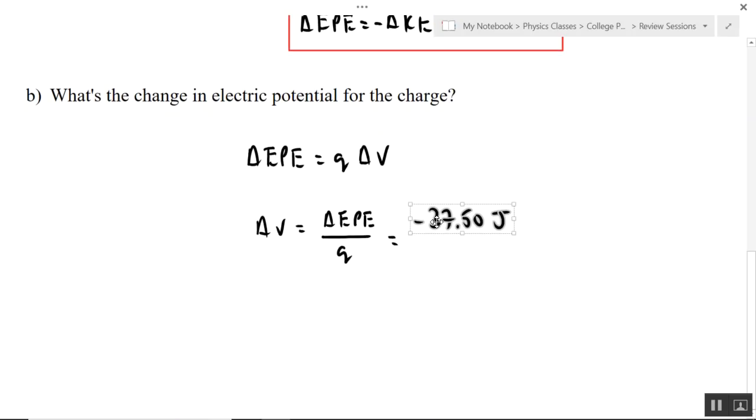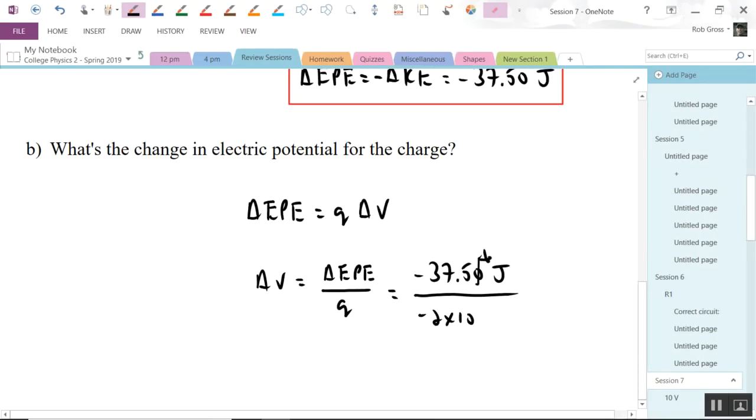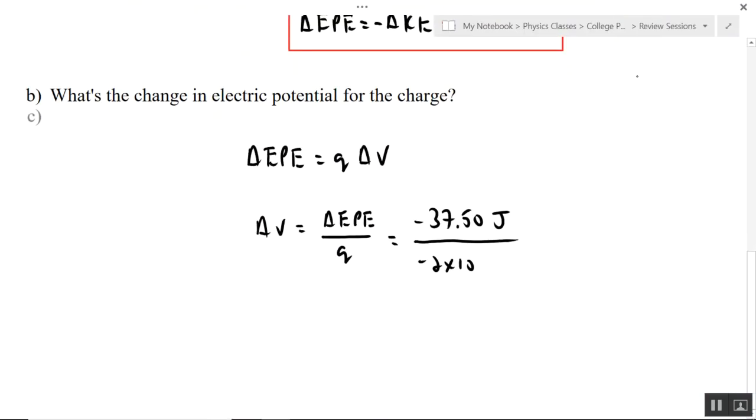And the Q can be plus or minus, and it's negative, so it's negative 2 times 10 to the minus 6th coulombs. When you do that, you get that delta V is a big number, but it's positive: 1.875 times 10 to the 7.